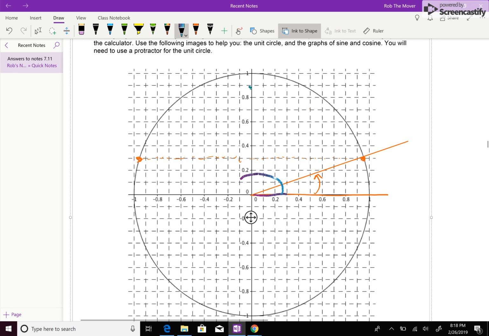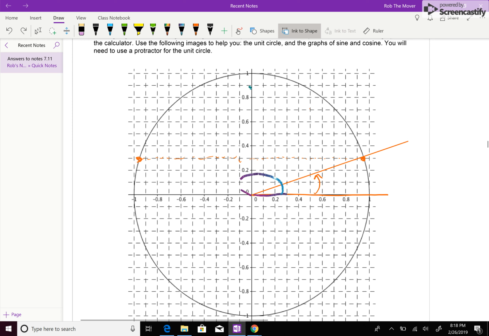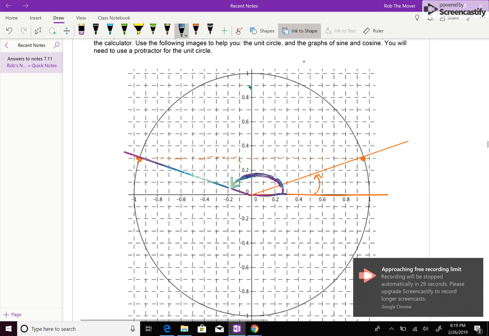And again, sorry, I've got to keep going back to my line tool. So that's my other angle, right? This angle right here from the positive x direction, rotate it around, whatever that angle is. It's a pretty big angle, right? It's only a little bit less than 180 there, okay?